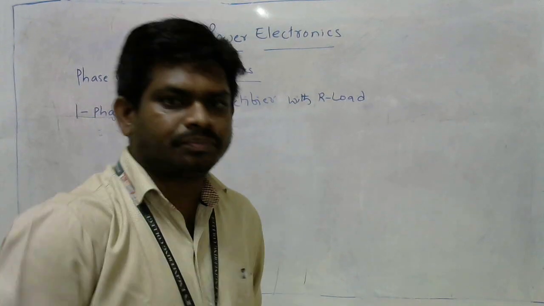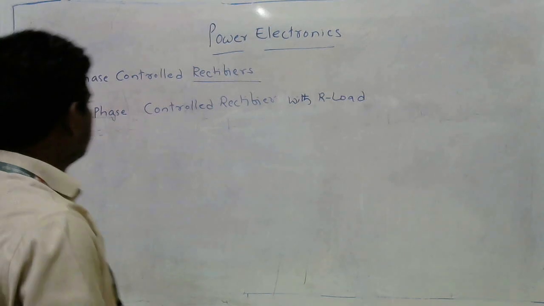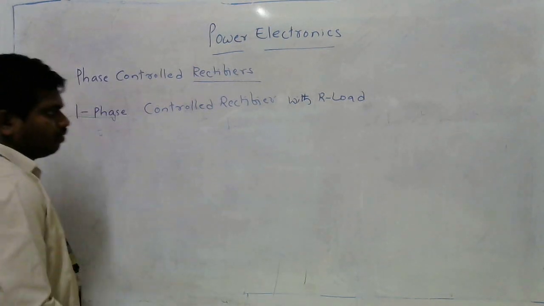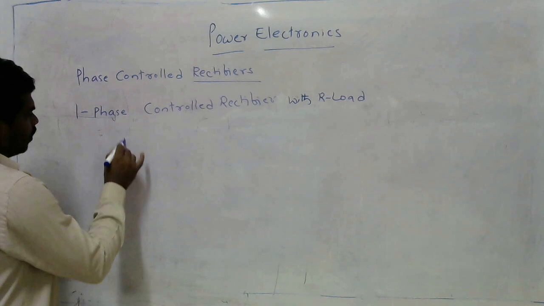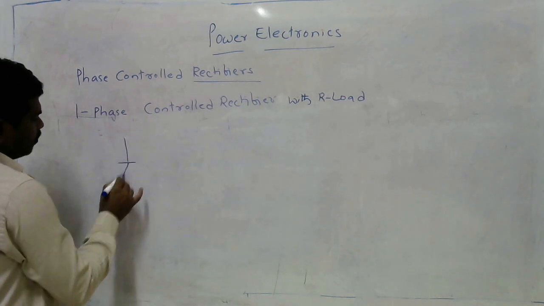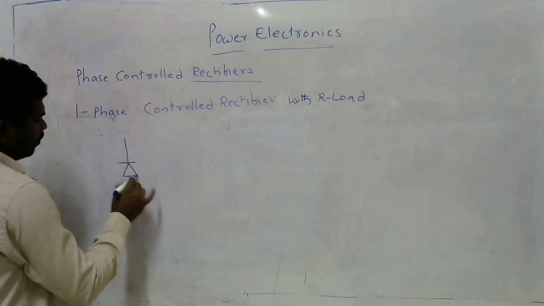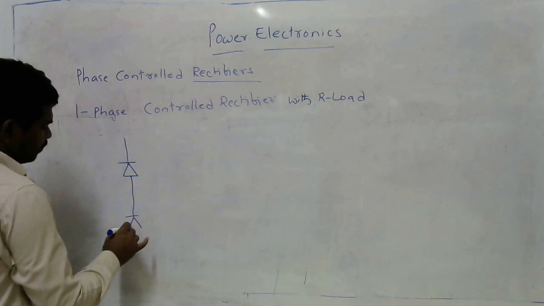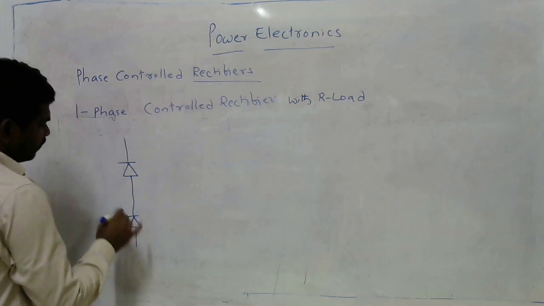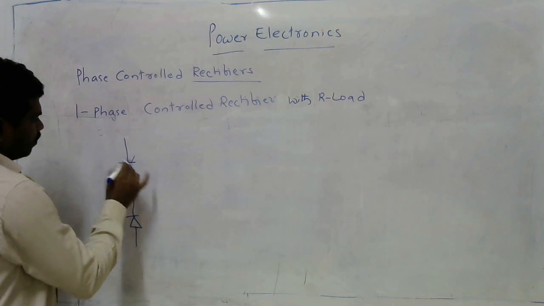Okay, we'll see the single phase controlled rectifier with R load. First, we'll go for the circuit configuration. This is my thyristor. This is a bridge type of thyristors.